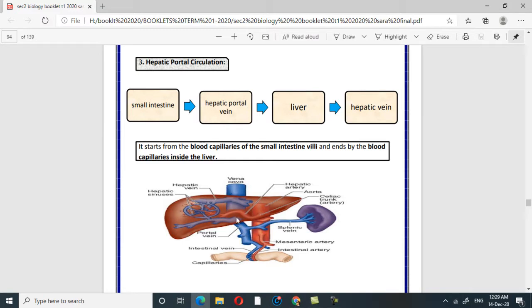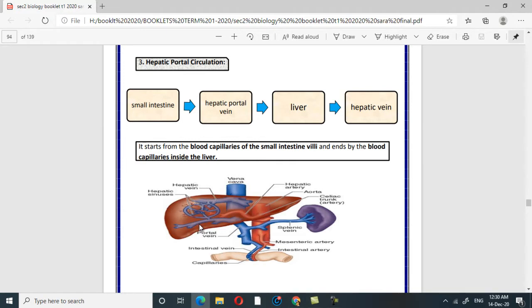So the vein which enters the liver is called the hepatic portal vein; inside the liver it makes changes to the food substances and so on, and after that it leaves the liver as the hepatic vein. The hepatic vein will pour inside the right atrium of the heart through the inferior vena cava.